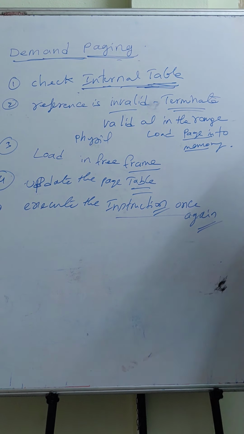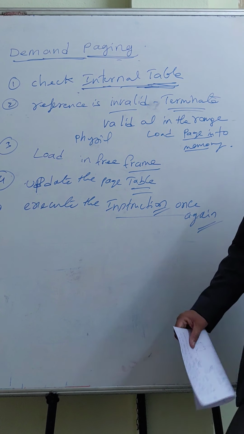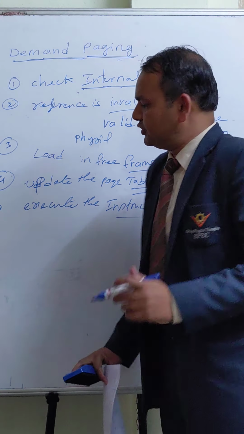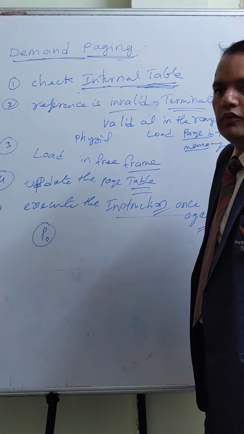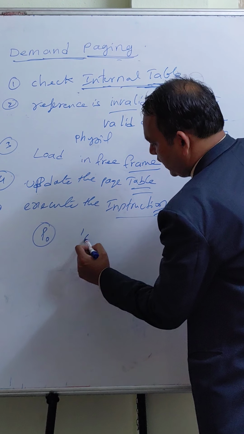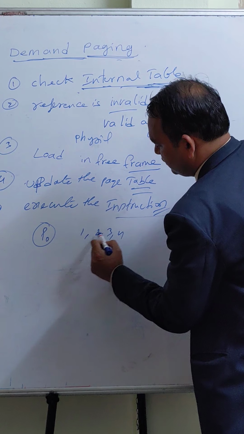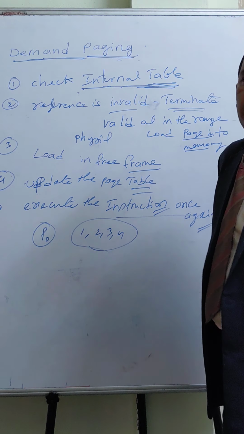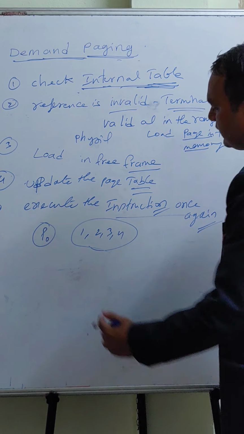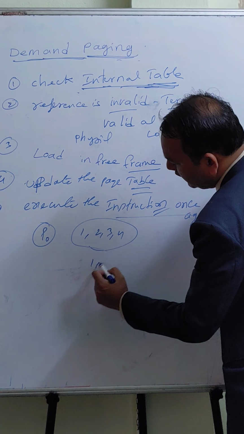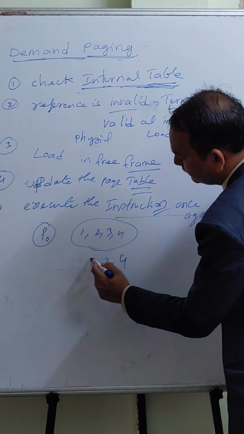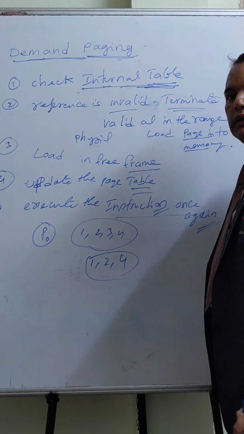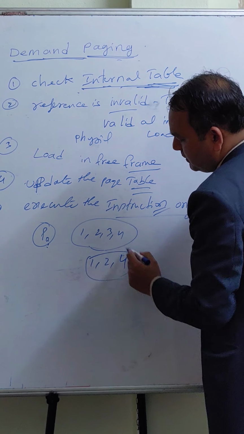In the middle, since a process has to complete its execution, suppose P0 is a process, it needs 1, 2, 3, 4 pages to complete its execution. But in the main memory, only 1, 2, 4 are available. This process needs page number 3.